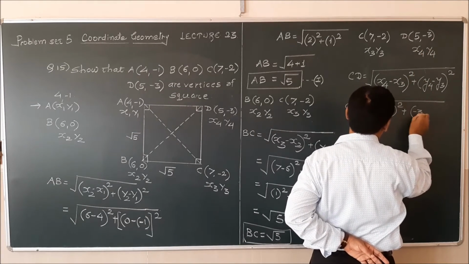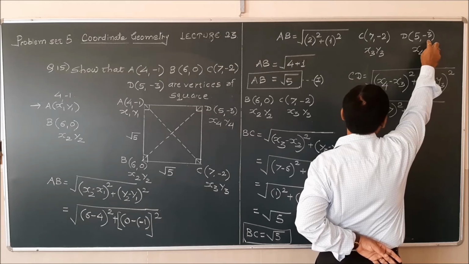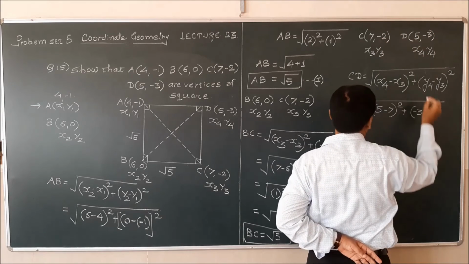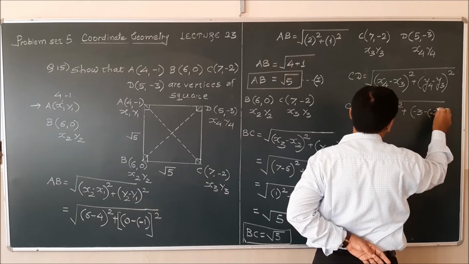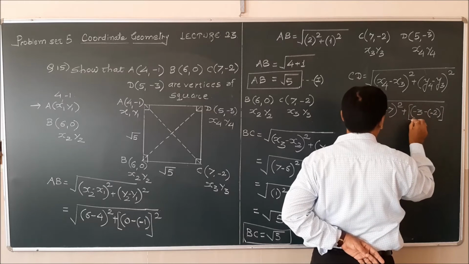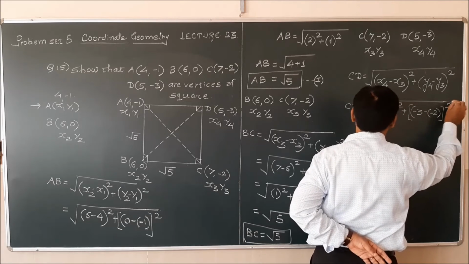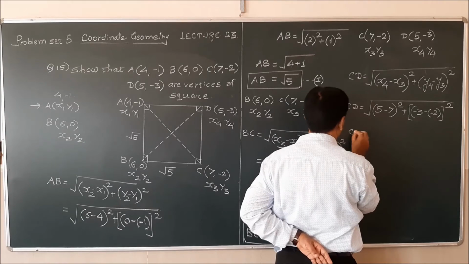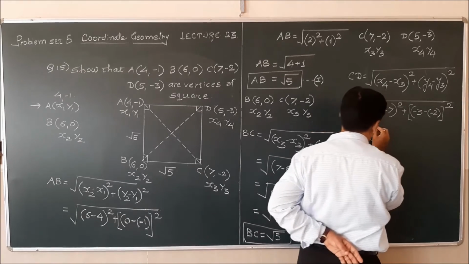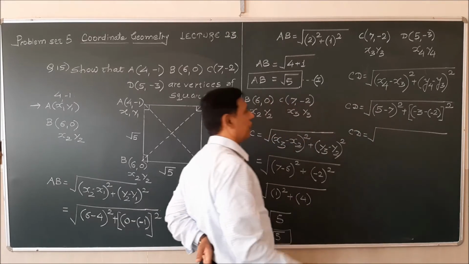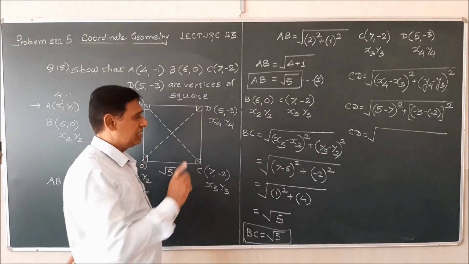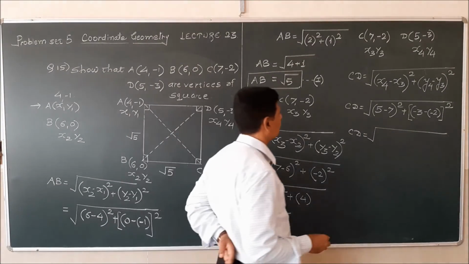Be careful here now. y4 is minus 3 minus of minus 2, the whole square. CD is equal to root of 5 minus 7 will give us minus 2.